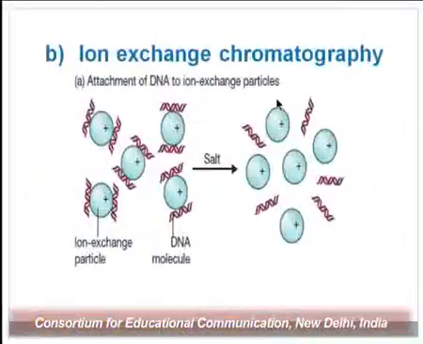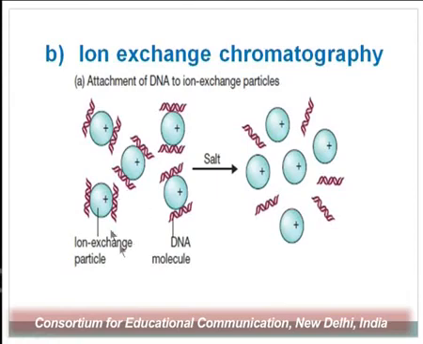More sensitive methods which are very prevalent are such as ion exchange chromatography. In ion exchange chromatography, the DNA attaches to ion exchange particles. These ion exchange particles are termed resin, and as you can see, it is a reversible process. As we add salt, the DNA will get removed from the resin.